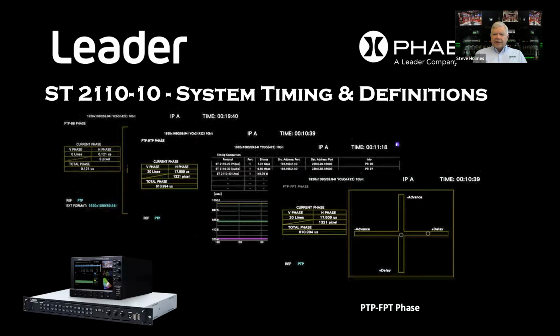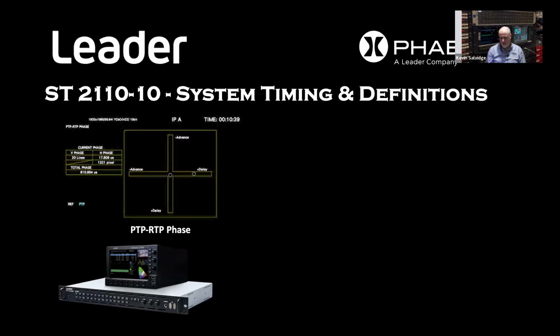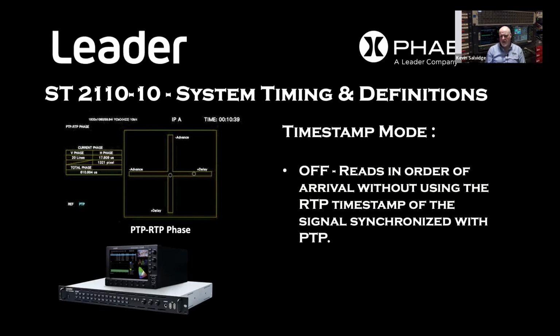So that leads us on to a nice little tool that I've not seen on any other products apart from the Leader 56 and 7600. It's a mode called timestamp mode. And Steve, I think this is one that you've used on numerous occasions to fault find?